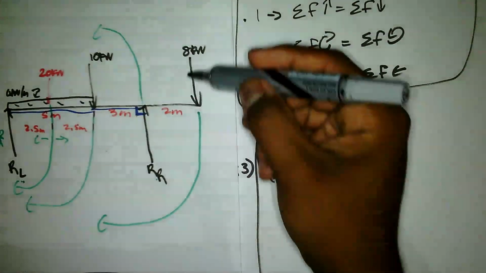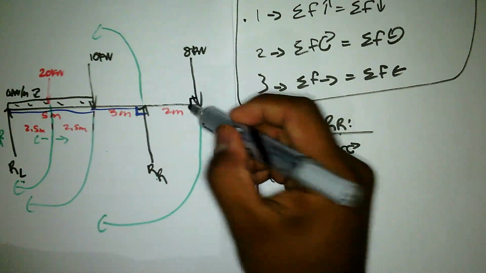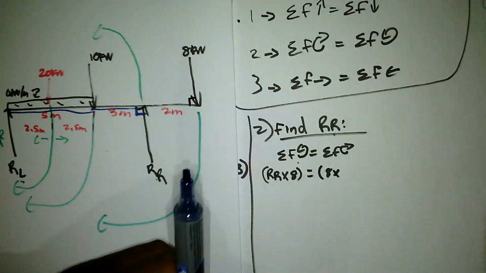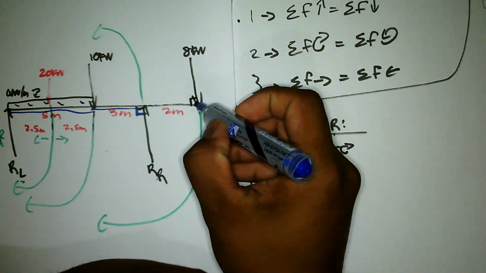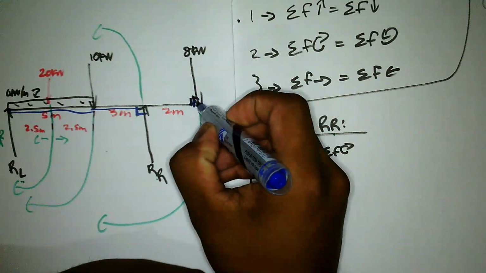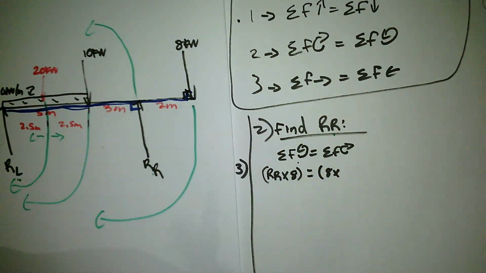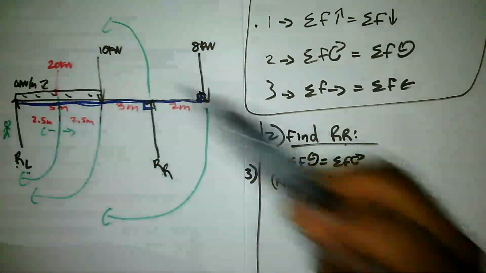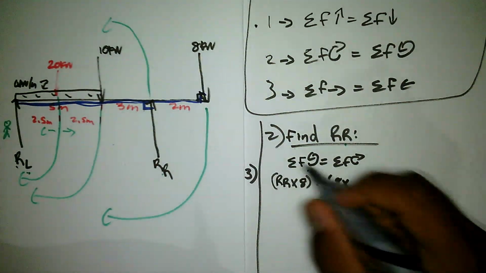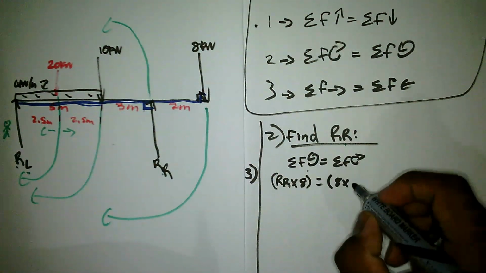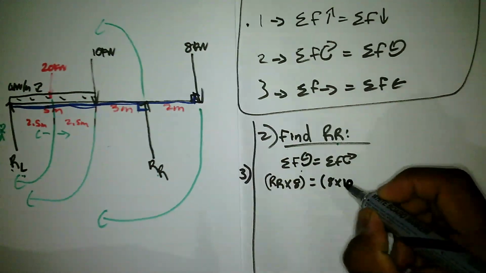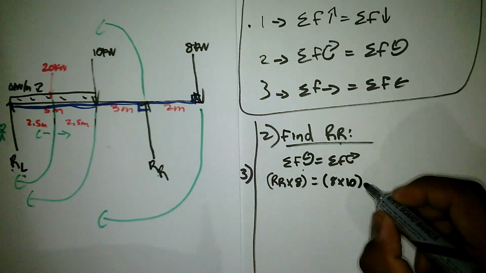The perpendicular distance is 2 meters plus 3 meters plus 5 meters, all to the reference point of RL. So 5 plus 3 plus 2 gives us 10. So 8 times 10 meters.